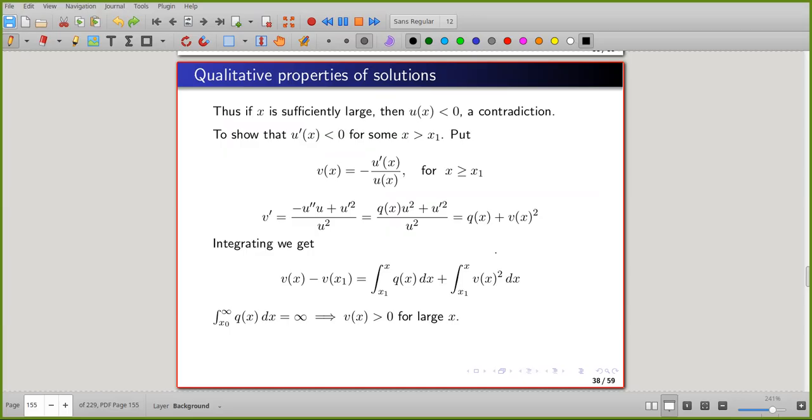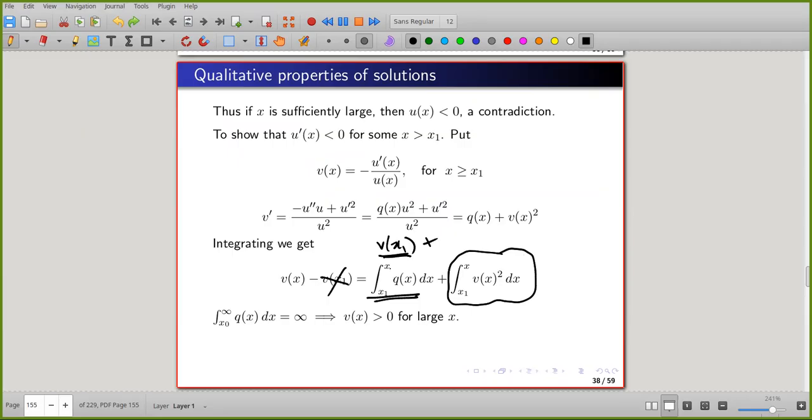So this is a positive quantity. This is fixed, so let's just take this to the other side. So we can write this as v of x1 plus this thing. This is a positive quantity, this is some fixed quantity, and we know that this integral is infinite.